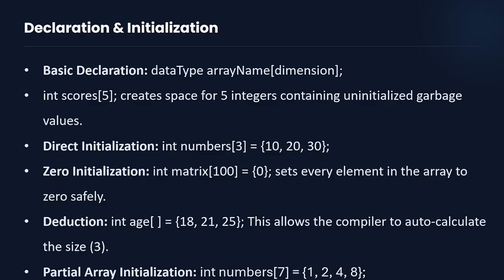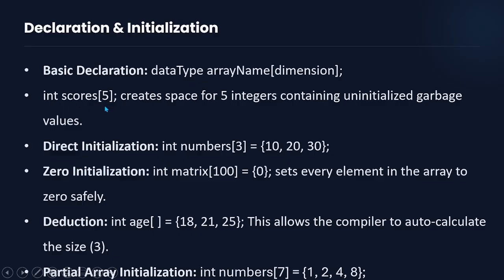All right, this creates space for 5 integers containing uninitialized garbage values. Usually when you create an array, you can choose not to initialize it with values. So when you create an array of this sort, int scores with 5, it is going to take up some memory space.